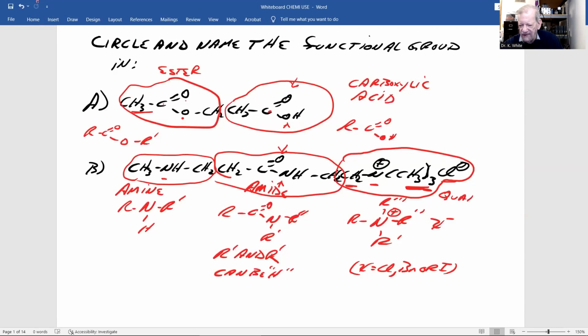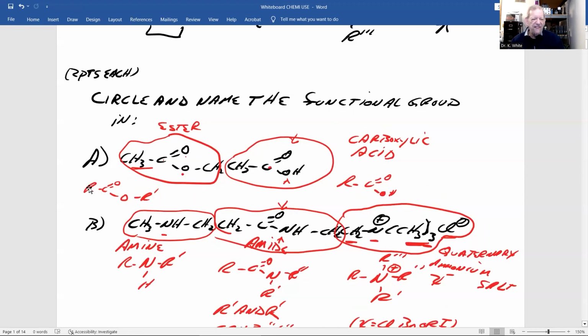A quaternary ammonium salt, which is near and dear to my heart. I have, I think, 8 patents in quaternary ammonium salts, so they'll be near and dear to your heart too. And that's how you play that fun game, circle and name the functional group, 2 points each.